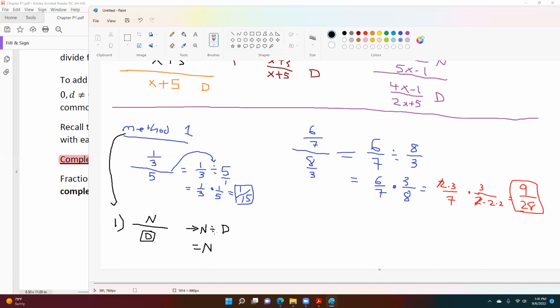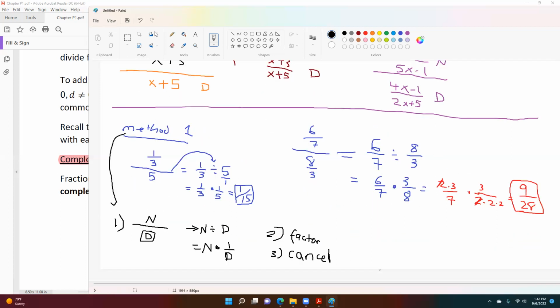After that, you change the division sign to become a multiplication sign, and you flip your denominator. And then what we do next is factor this, and if you have any common factors, you cancel them. So this is what we do for this kind of complex fraction.